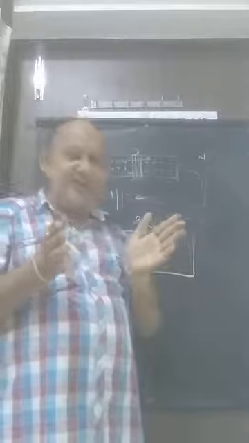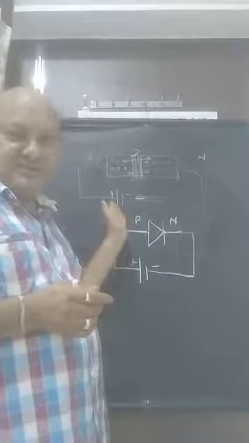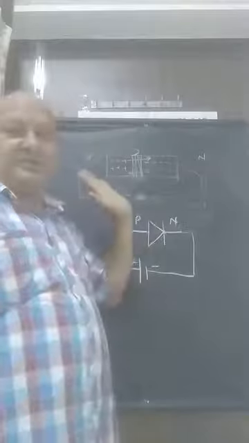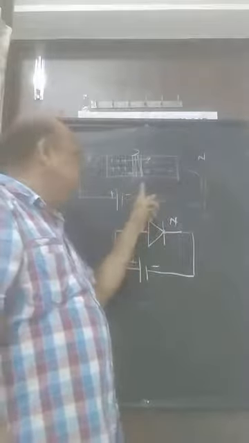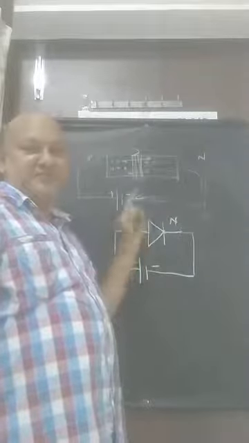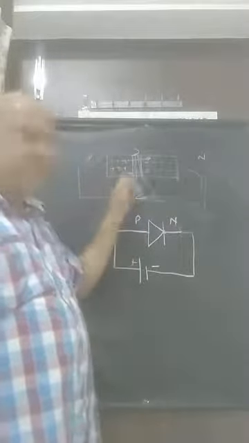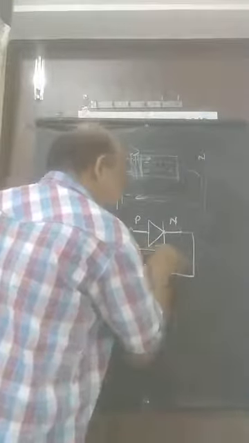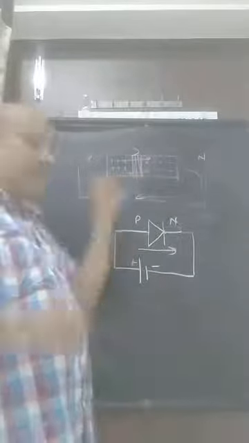Therefore this P type and N type will have more free electrons and holes after applying certain energy, and this will cause the flow of the current from positive to negative side, and hence this is called forward bias. This is called forward bias, where current flows from positive to negative by applying the voltage. This is the flow of the current here like this. So this is called forward bias, which reduces the depletion region.